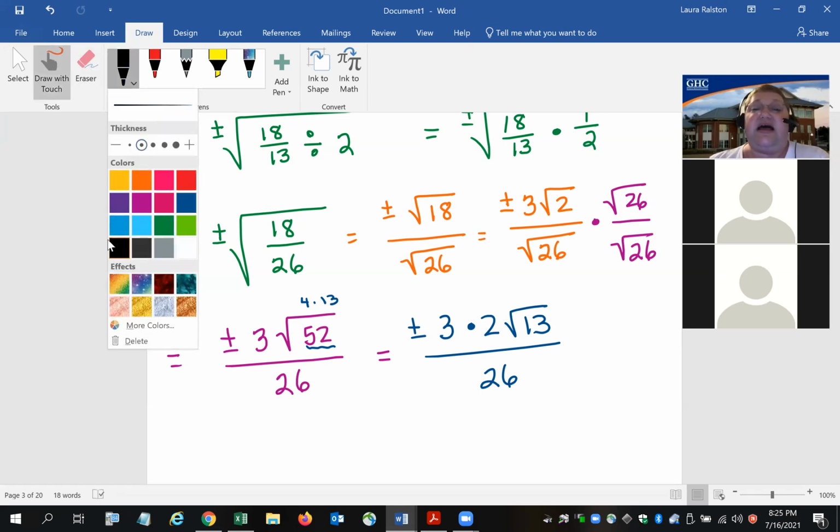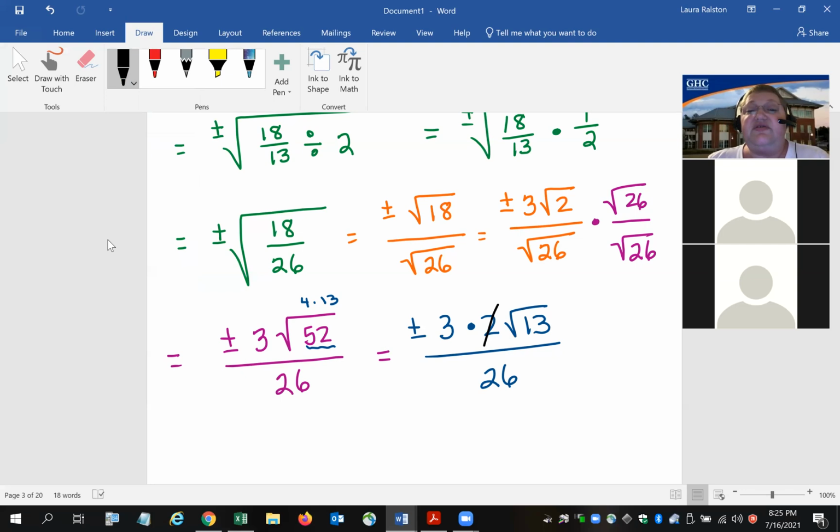But then I realize the 2 will divide out into the 26. 2 goes into 2 one time, 2 goes into 26 13 times. So I end up with plus or minus 3 on the square root of 13 all over 13.